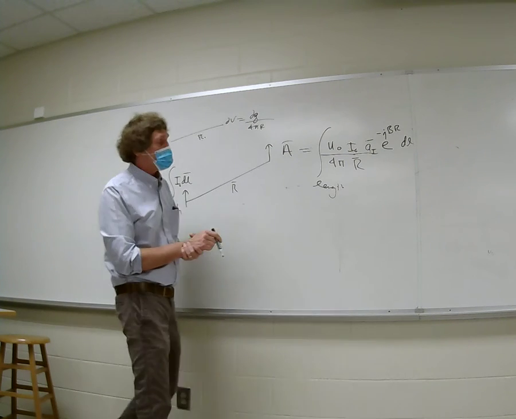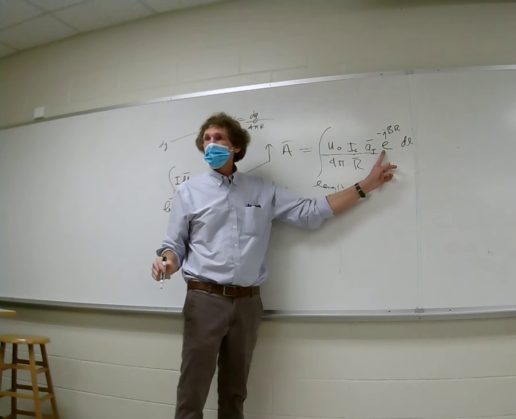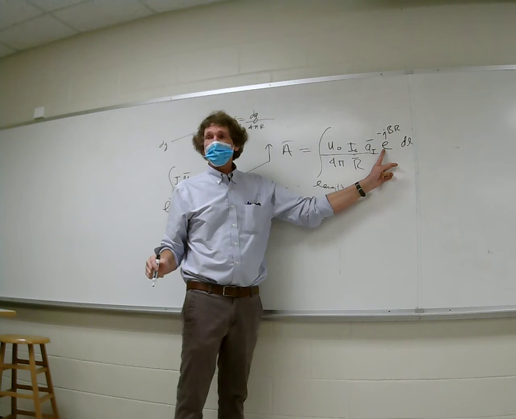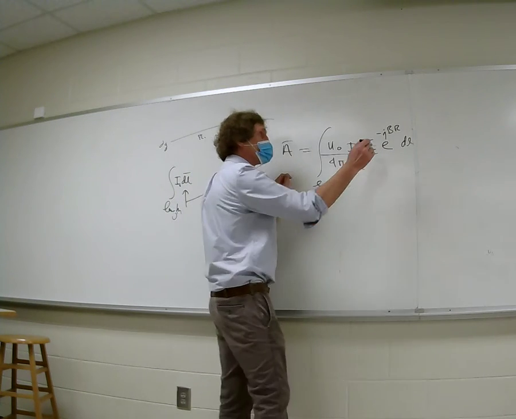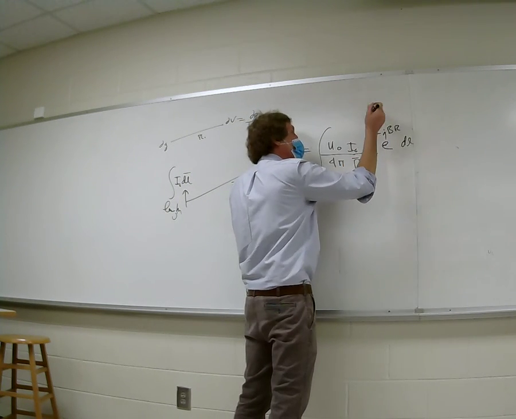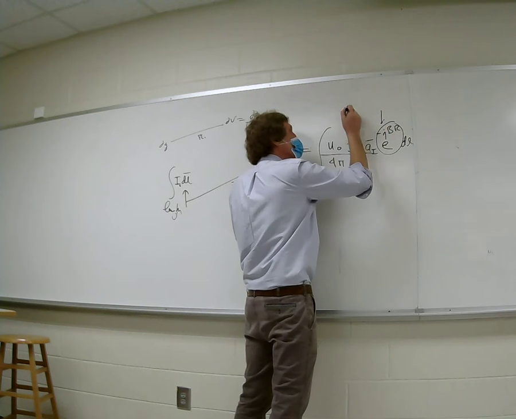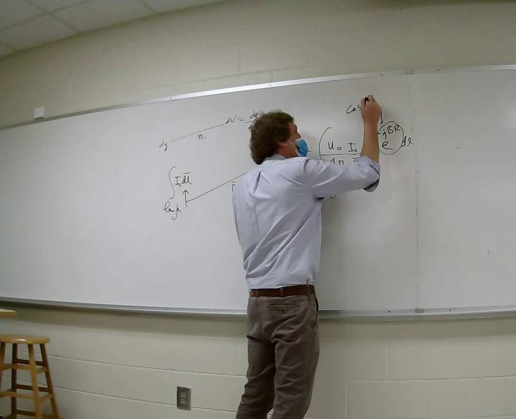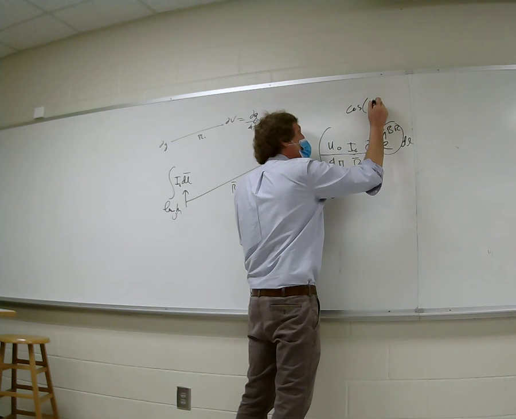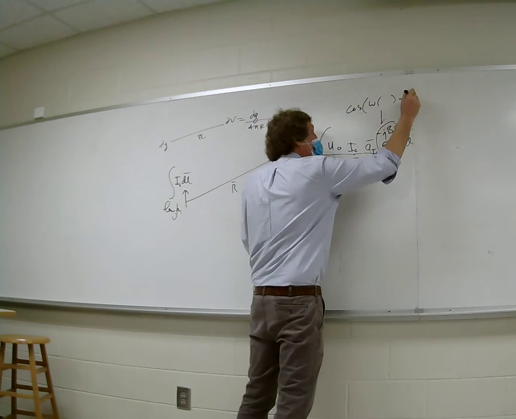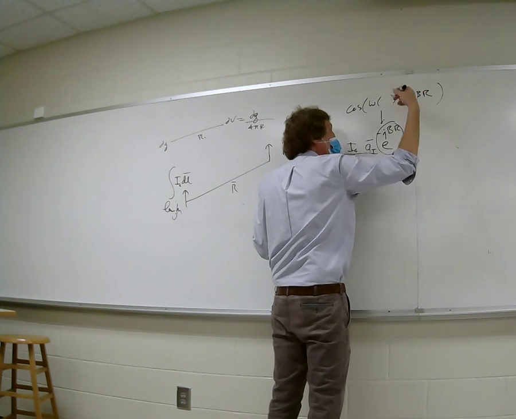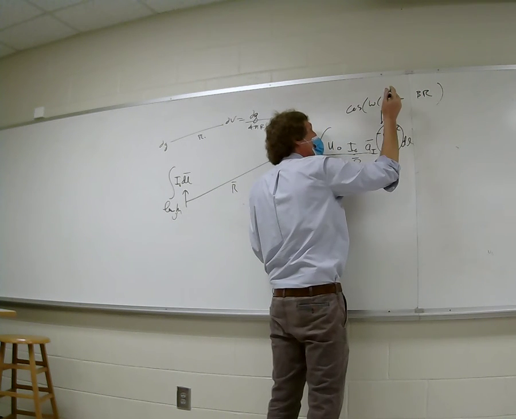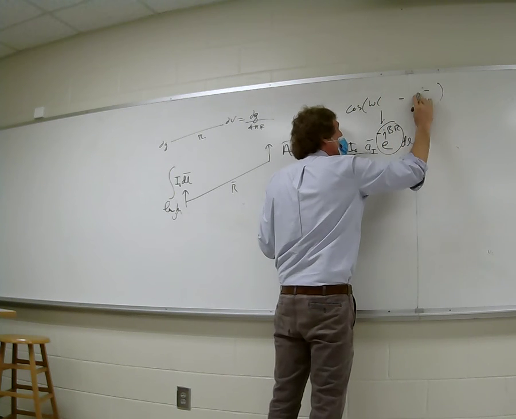This e to the minus j beta r is a phase. I don't have to do it with a phase. I'm not going to do this here. Just pay attention to this. You don't have to write this down. But if I wanted to do it in the time domain, I wouldn't write that down. What I would do is replace this with cosine, and this would be omega, actually, I'll even get rid of this.